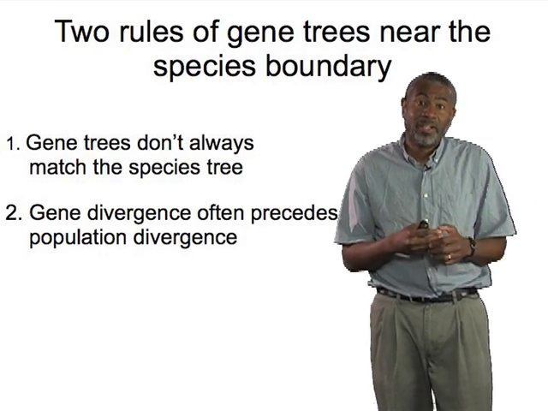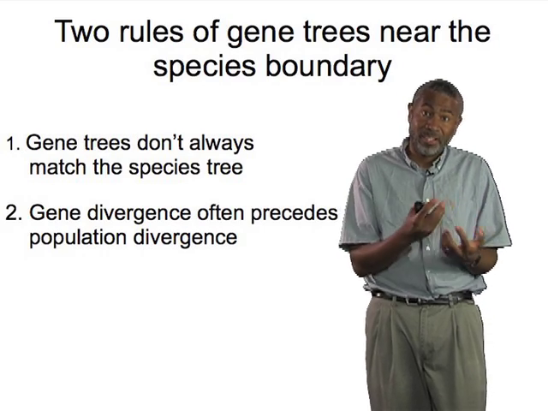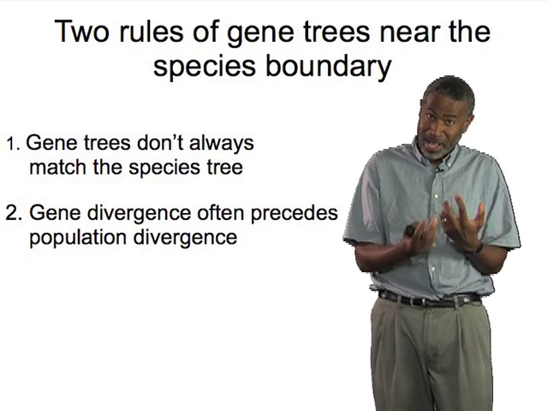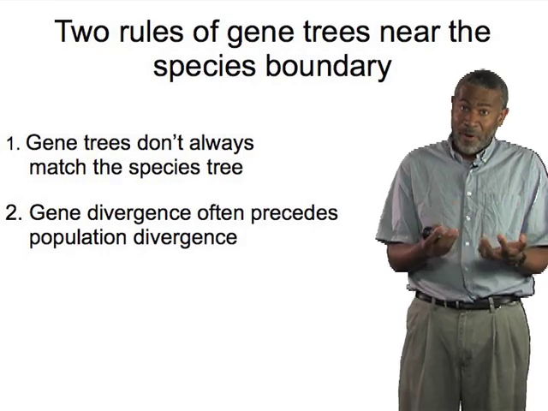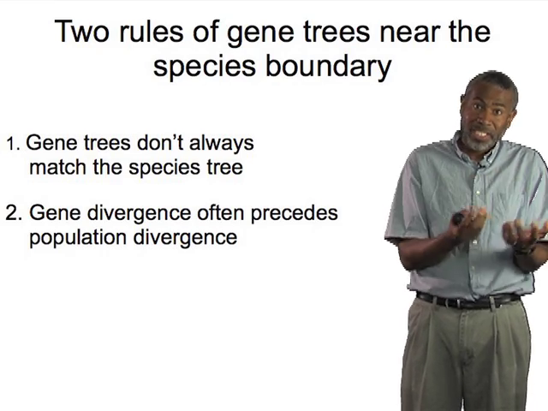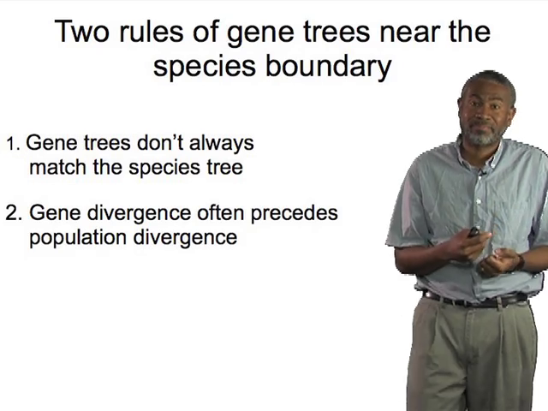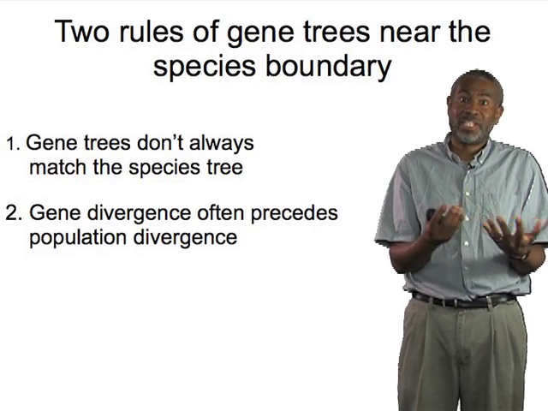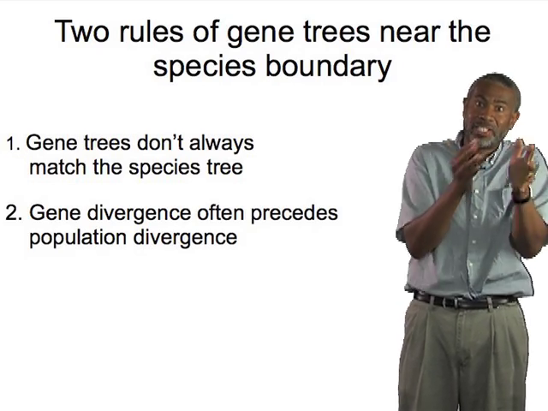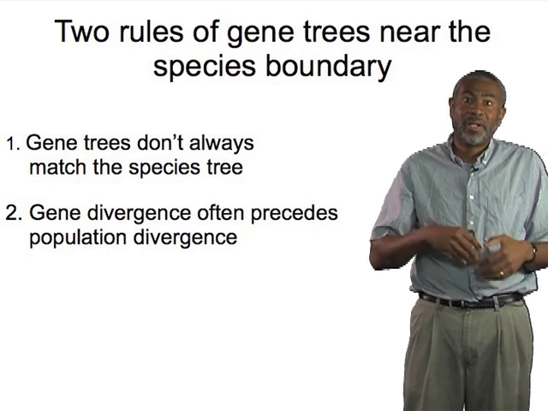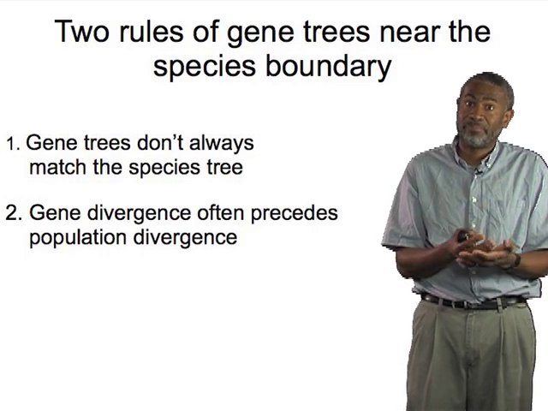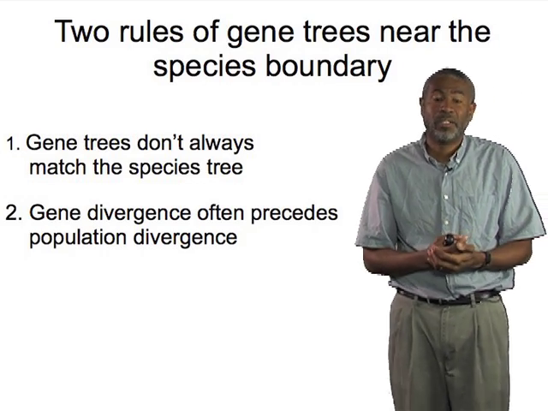One is that gene trees, the patterns in the relationships among alleles in a population, don't always match the species population histories that they're sampled from. We might think that gene trees should be the same as the relationships of species to each other, but in fact they can sometimes be different, and we'll see some examples of that.